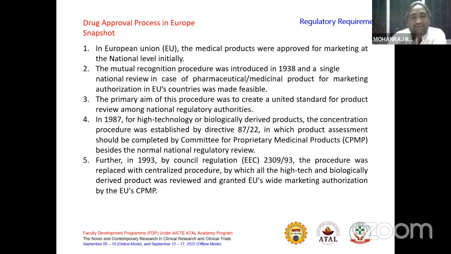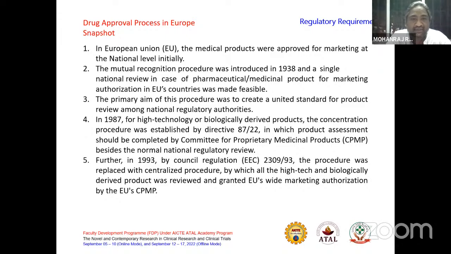As far as Europe is concerned, before the European Union, medical products were approved for marketing at the national level. So here, the mutual recognition process means we have to follow both the decentralized and centralized process to get the approval of the medicinal product.